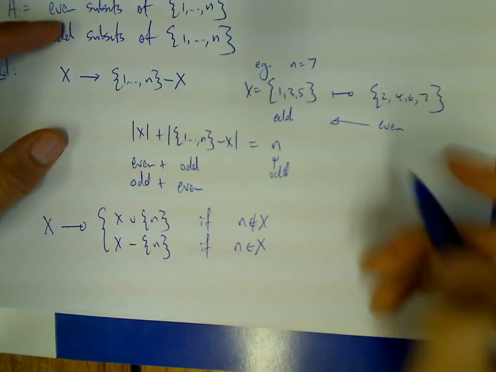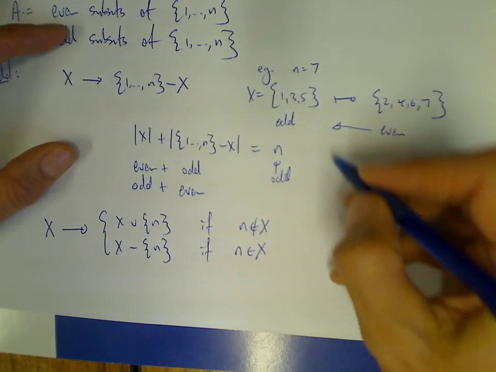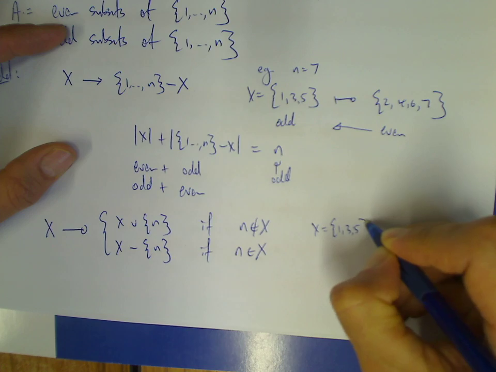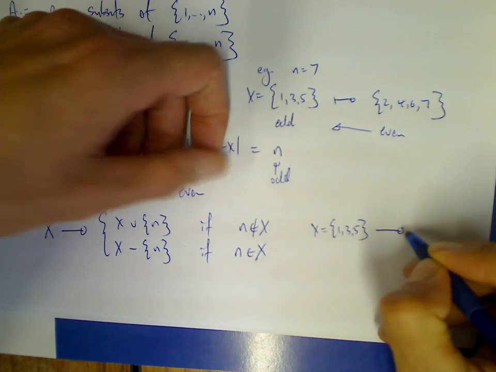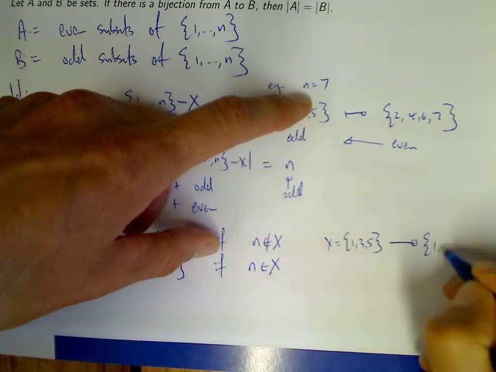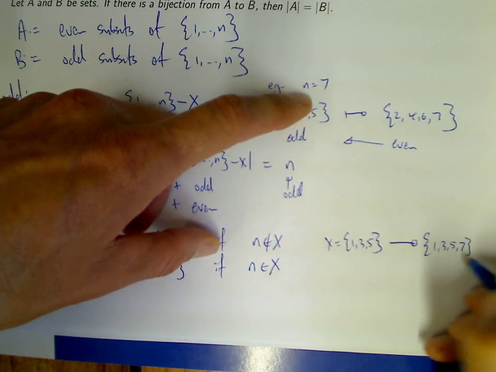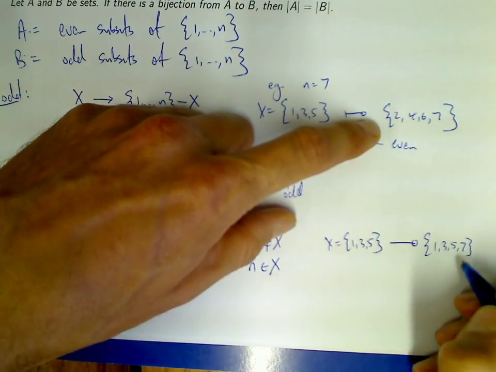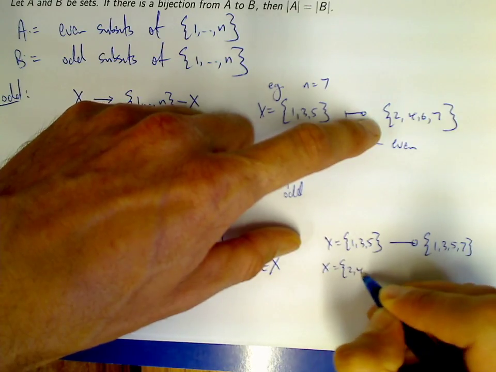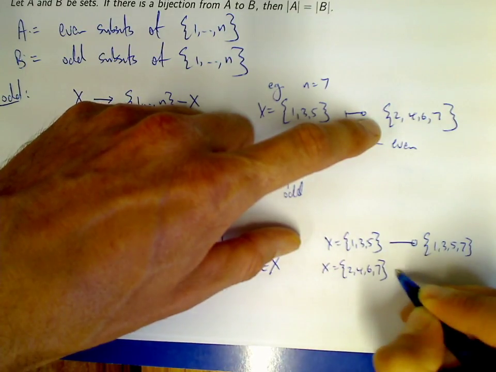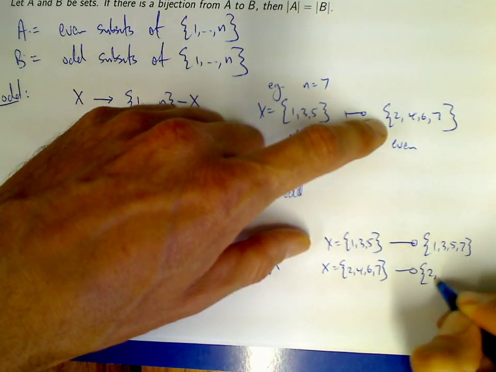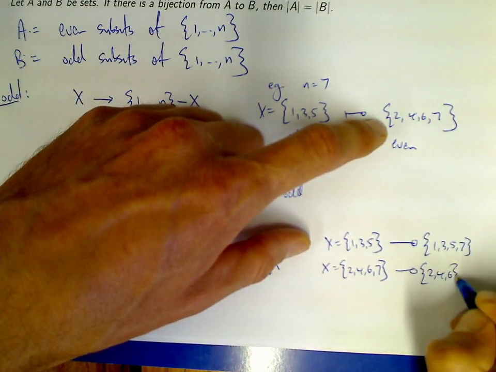So if I come back to, say, x equal to 1, 3, 5, with my n equals 7, I'm going to send that to 1, 3, 5, 7. And if x is equal to 2, 4, 6, 7, then I'll send that to 2, 4, 6. Here 7 is in there, so I'm just going to take it out.